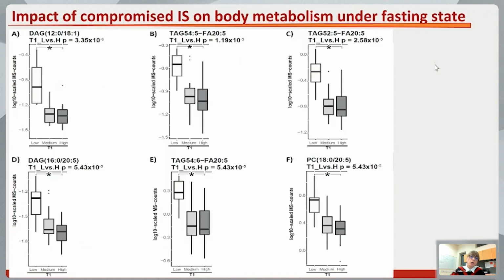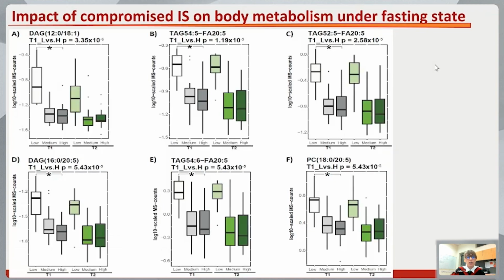We further asked whether this pattern remained under the clamp condition, and indeed you can see that even under clamp condition, this fingerprint of elevated lipid metabolism in non-insulin-sensitive individuals holds true.